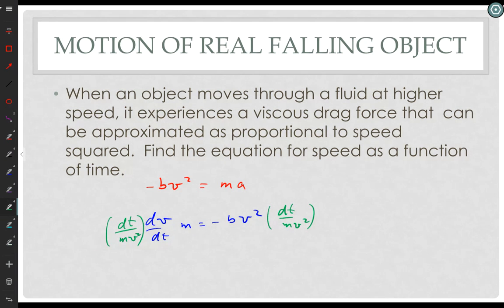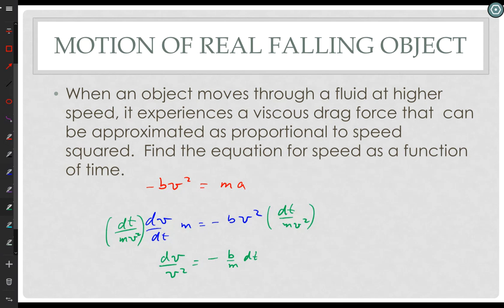And I'm left with the right side the same, the left side different. Integrate both sides. What do I get when I integrate dv over v squared?